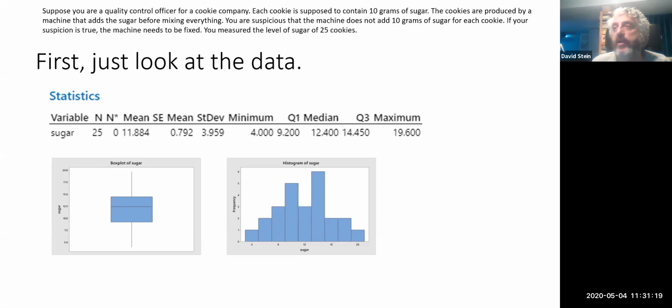So I want to do a hypothesis test because I do see the mean is different than 10, but my basic question is, is that difference so big that it's unlikely to see that difference by chance? I don't know, because there is a lot of variation in this data set. The standard deviation is almost 4. So we're going to learn how to do this.